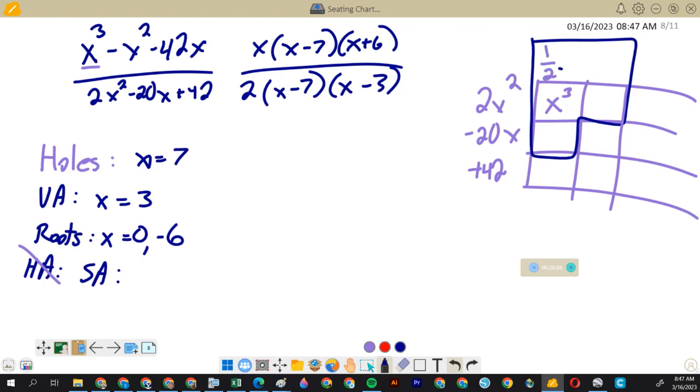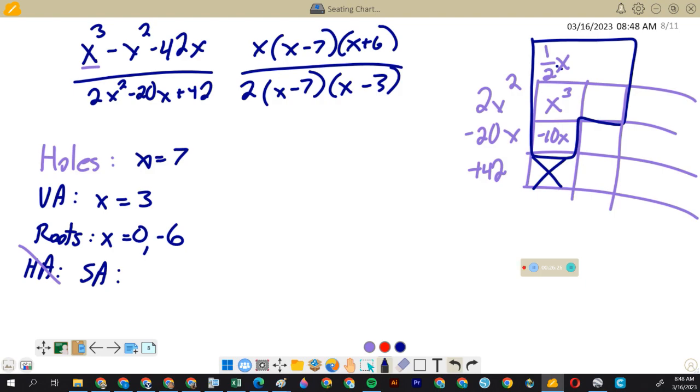So 1/2 x. Does everybody get that? Now 1/2 x times negative 20x is negative 10x. I don't need this box. That box is going to help me build a remainder, and I don't care what the remainder is, so I'm not going to fill it out.